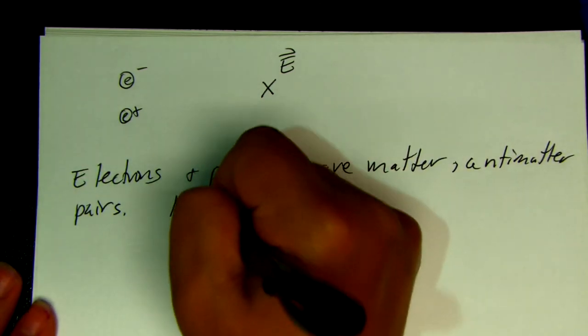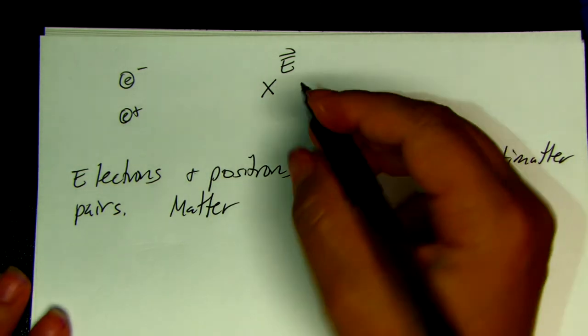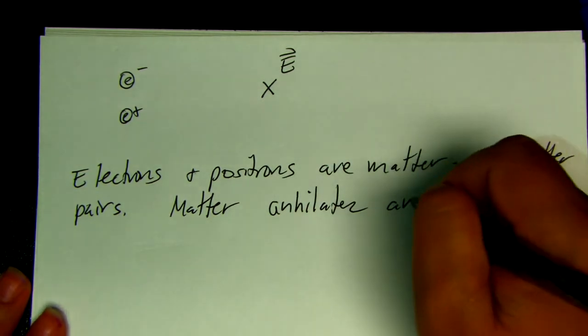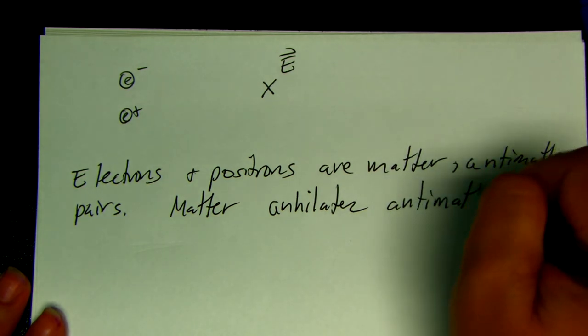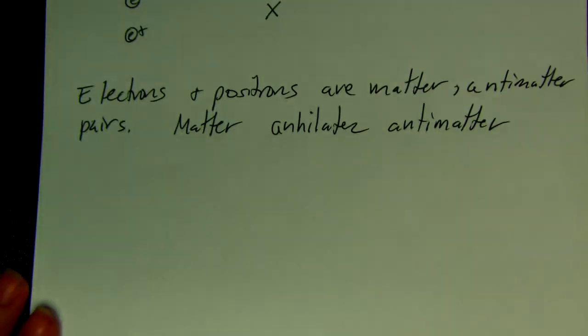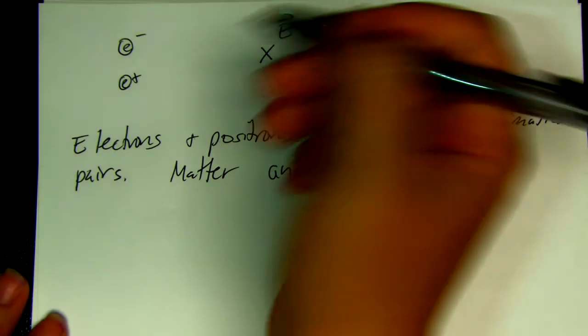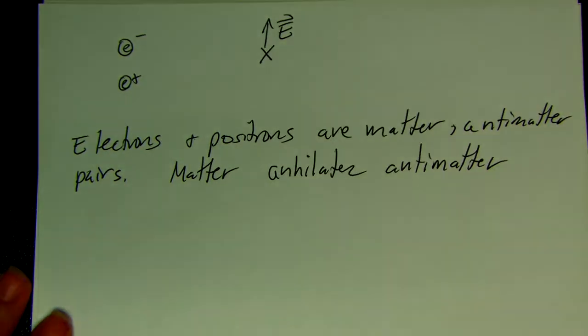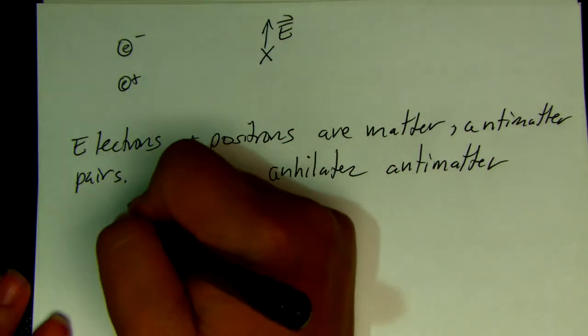And matter annihilates antimatter and vice versa. So let's say we're detecting this field from, it'd be in that direction, from the dipole. Now let's say these annihilate each other.